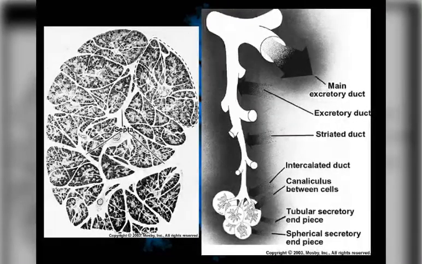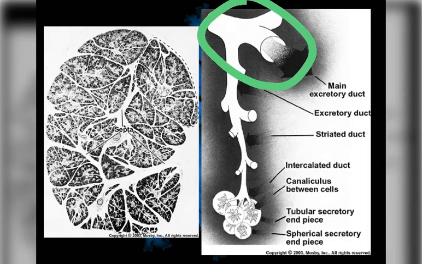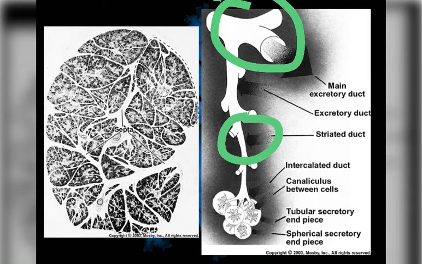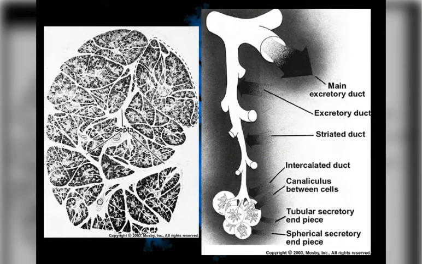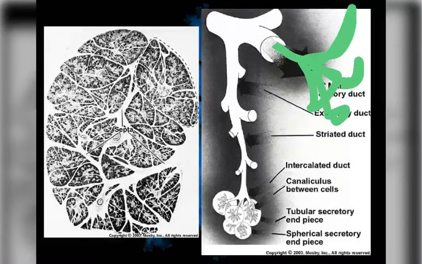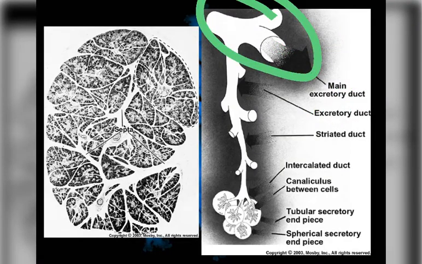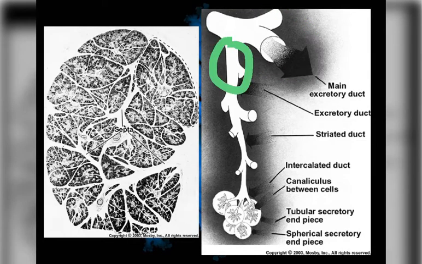As we mentioned before, main excretory duct and striated ducts are only present in the parotid gland and the submandibular gland. And then the main excretory duct empties the secretions to the oral cavity. In case we do not have a main excretory duct, then the major collecting duct will empty its secretions directly to the oral cavity.